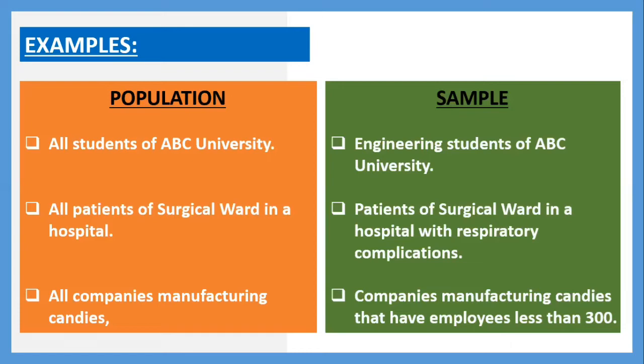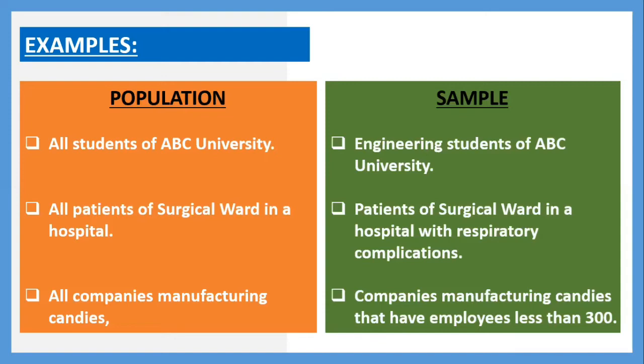So in order to make it a sample example, patients of surgical ward in a hospital with respiratory complications or with COVID-19 complications. And the last example, all companies manufacturing candies. And under sample, companies manufacturing candies that have employees less than 300.